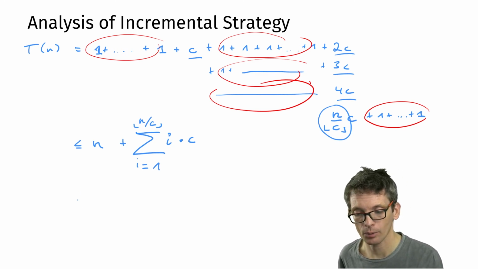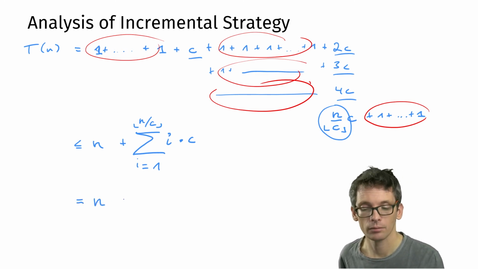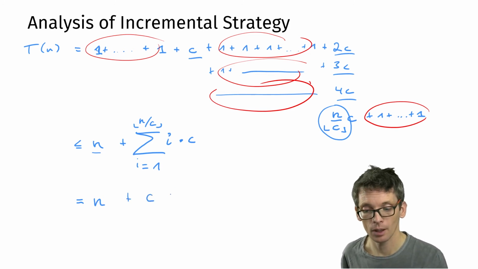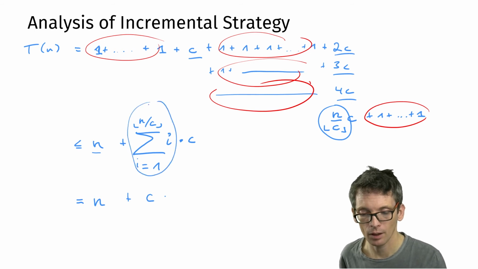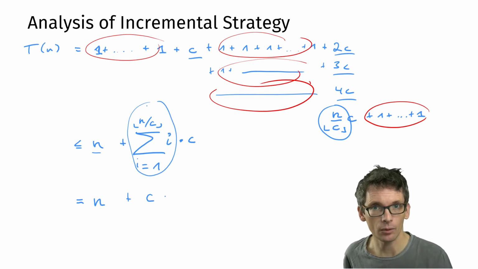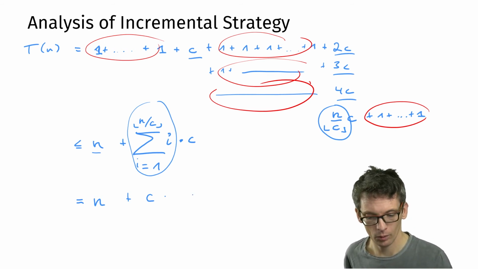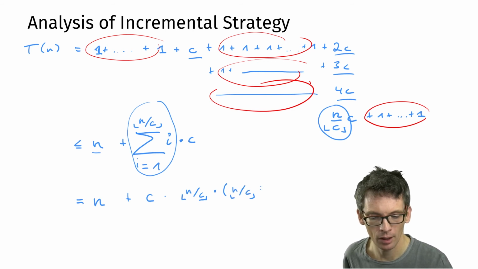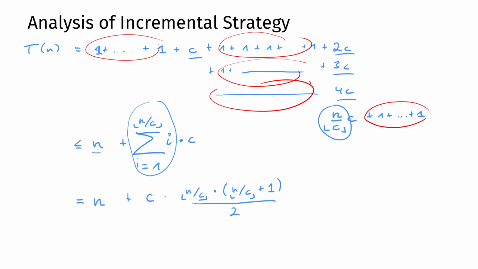Okay, so let's have a look what we have. We have n, that's simply this n, plus c, so we can take the c out of the sum, times this sum here. This is an arithmetic series, so you will know this, and that is simply c times n divided by c, times n divided by c plus 1, divided by 2. Let's put this together.